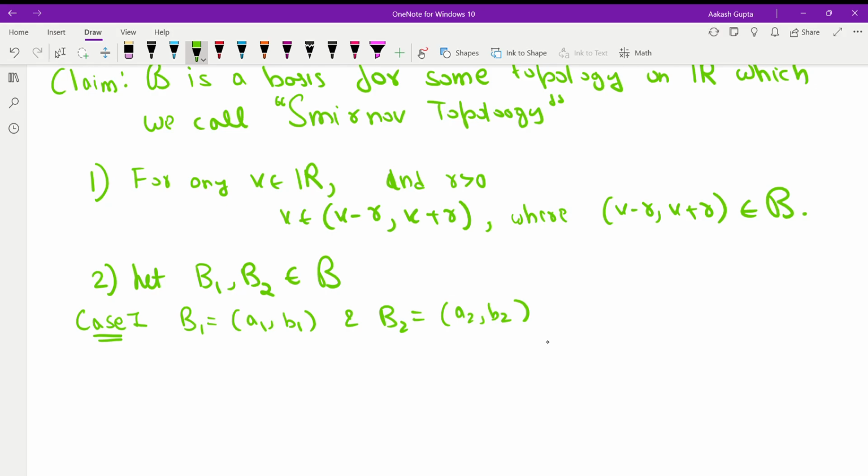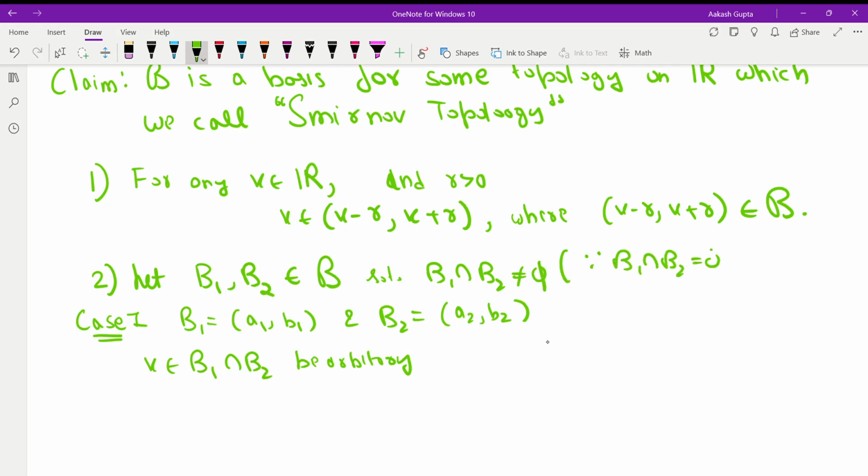So let us take x in B1 intersection B2 be arbitrary. If the intersection is empty, we don't have to show anything, right? So take B1 intersection B2 non-empty, because if it is empty, property 2 is true vacuously, that vacuous argument again.